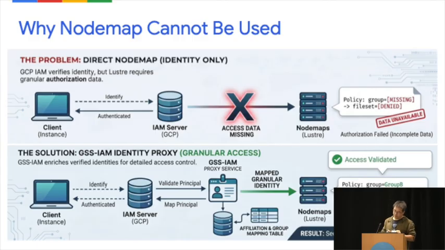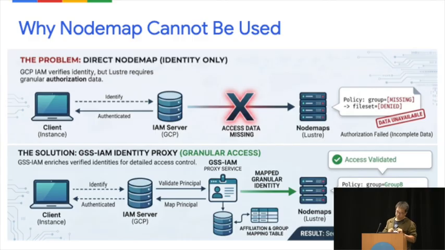So the client has to have the group information, but this is not feasible in the cloud environment. In the cloud environment, if you have an IAM server and you want to access a resource, you send the request to the IAM server, and the IAM server only tells you yes or no. It doesn't tell you anything else. With this information, you cannot send it to the Lustre server to locate the nodemap. So you cannot use that.